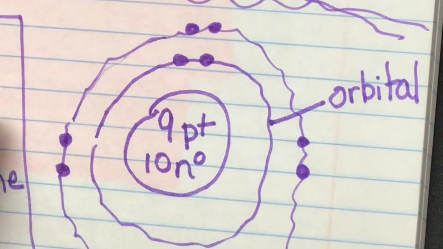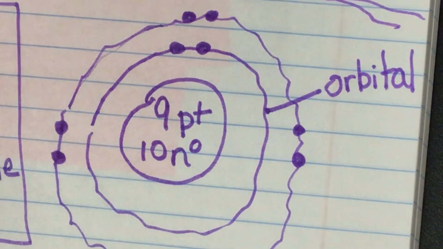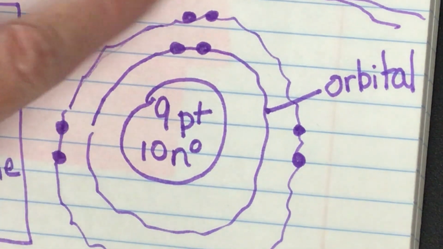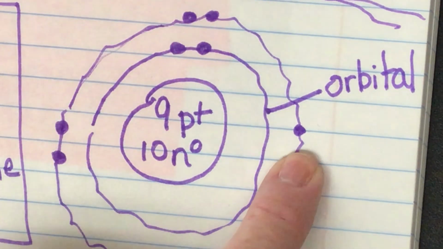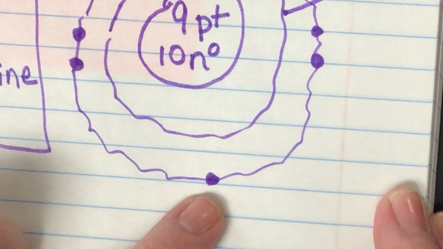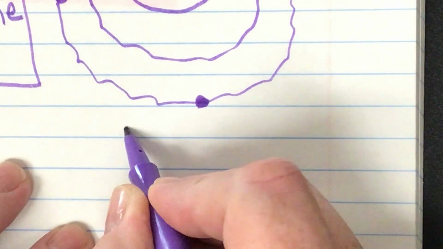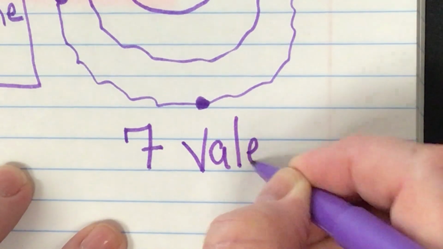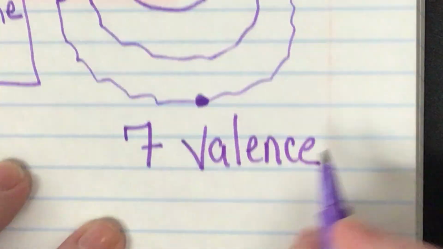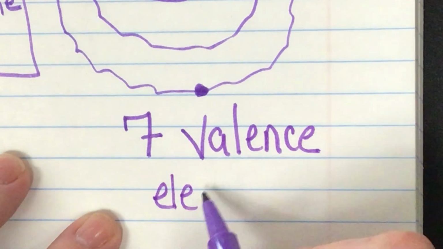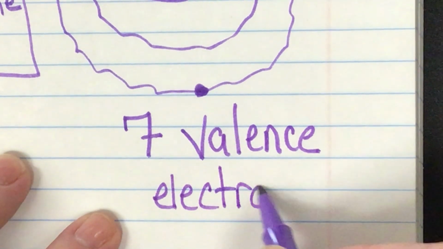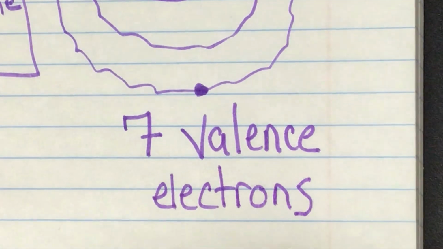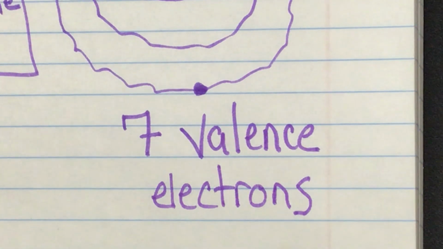So how many electrons are out here? 2, 4, 6, and there's a 7th. So let's write 7 valence. So you have just now drawn your first 2 Bohr models.